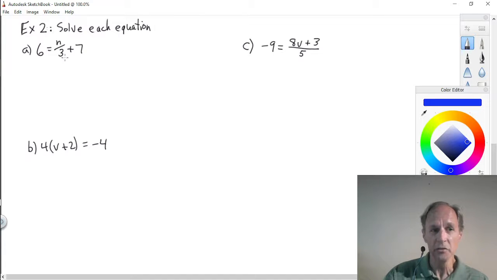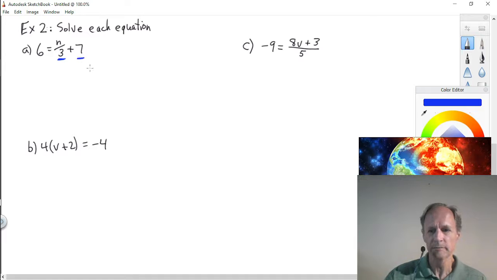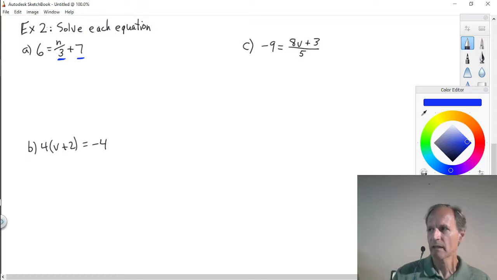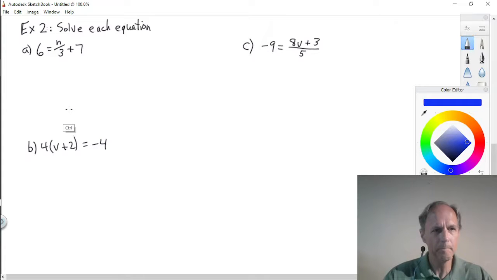You could do that, but that would be sort of unnecessarily difficult, because you would have to distribute the 3 across both of these terms on the right side. You'd have to distribute it across that term and that term. So that's unnecessarily difficult. We're not going to get rid of the 3 first.